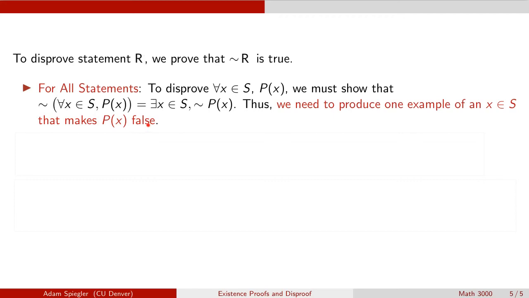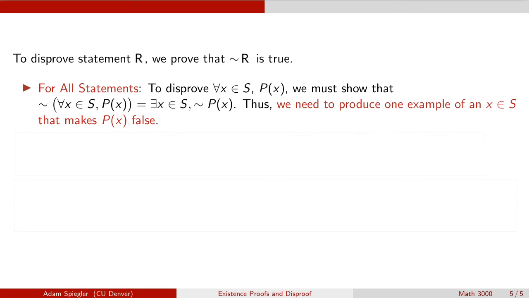Again, this follows from the fact that when we negate this universally quantified statement, we get an existentially quantified statement like this. So we want to show that there is some x that makes P false, that not P is true. And that would be sufficient.